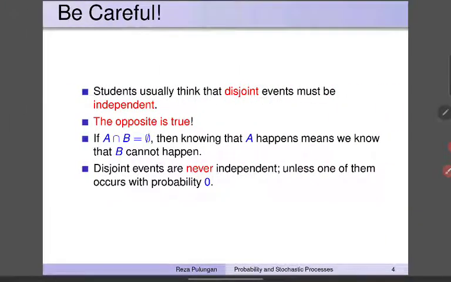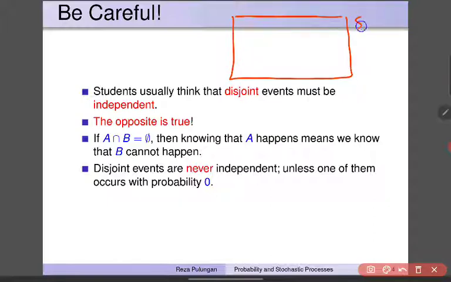Now, the problem is students usually think that disjoint events must be independent. So if we have a Venn diagram of the sample space, for example, sample space S, and inside of this sample space we have two events, let's say A and B, and A and B are disjoint, namely they don't share any common elements, then students usually think that they are independent.